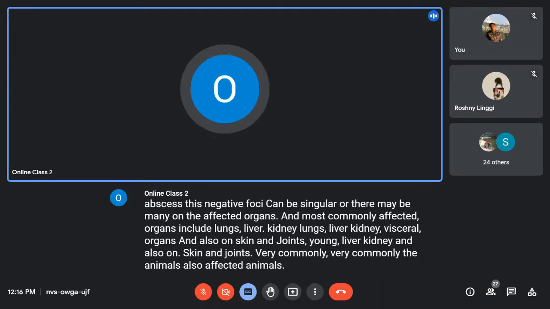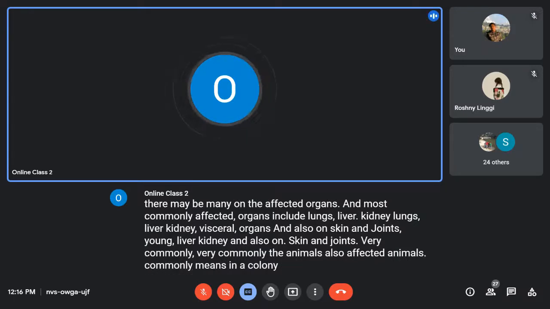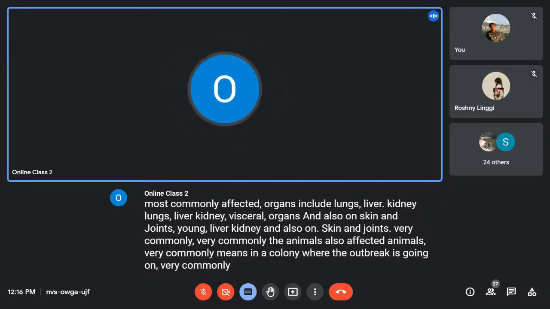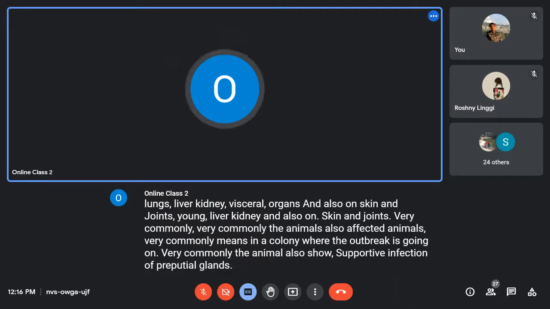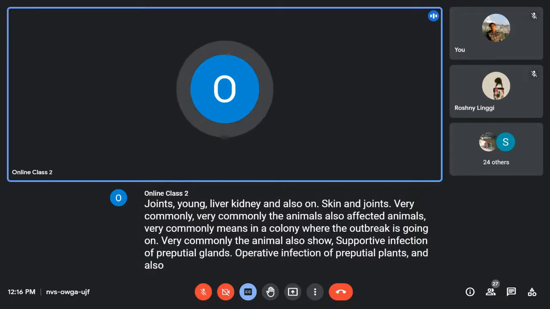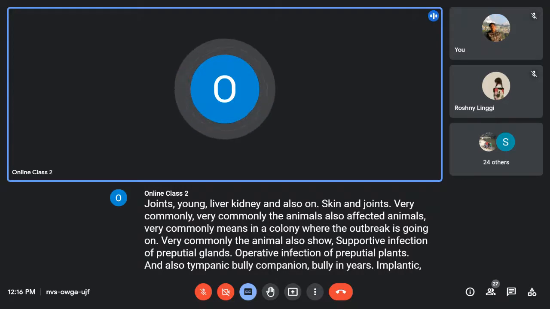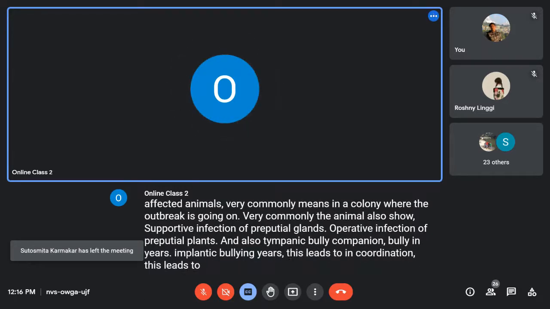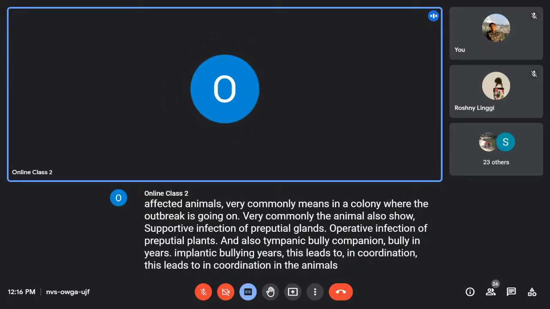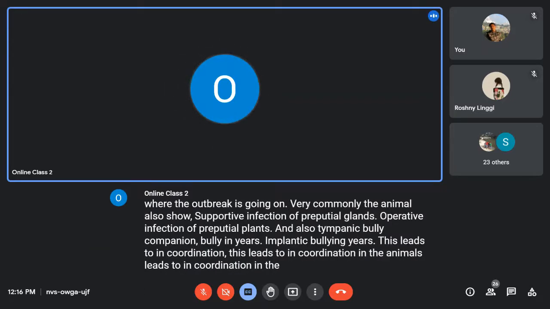Very commonly, the affected animals, in a colony where the outbreak is going on, also show suppurative infection of preputial glands, and also tympanic bullae in ears. This leads to incoordination in the animals.